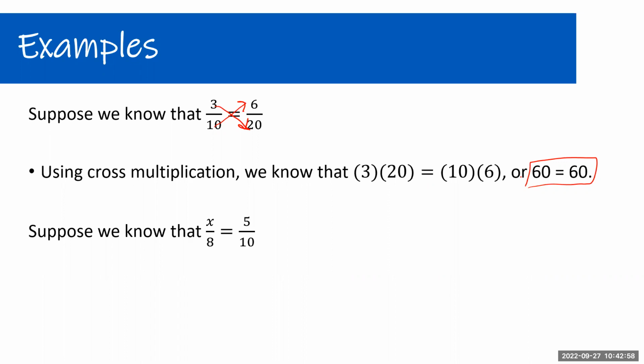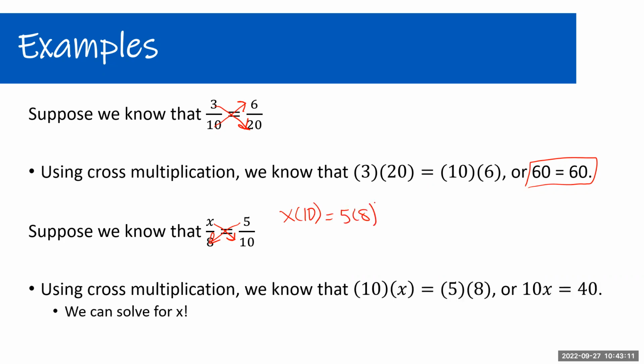Well, we're going to extend what we learned in Unit 1. Let's cross multiply these. We know that x times 10 is going to be equal to 5 times 8. And then we're just solving, just like we've done in Unit 1, just like you've done in previous math classes. When you solve for x, you're going to know that 10x equals 40. So what is x going to be? x is going to equal 4.